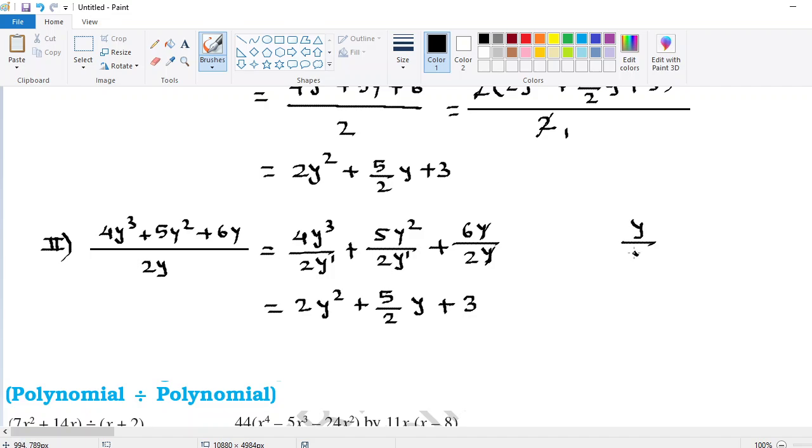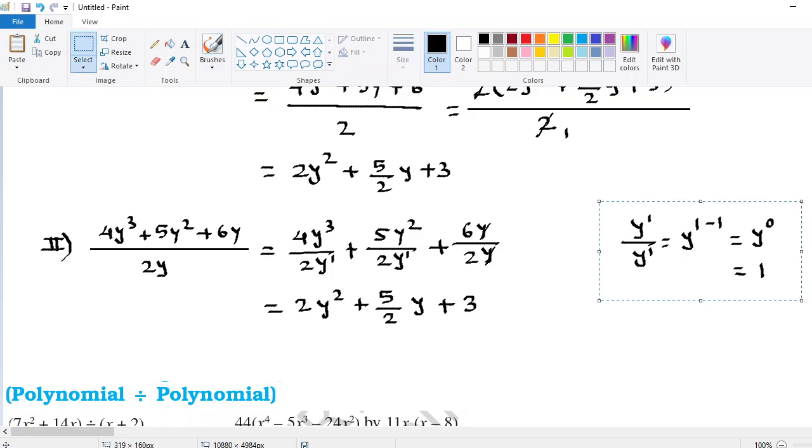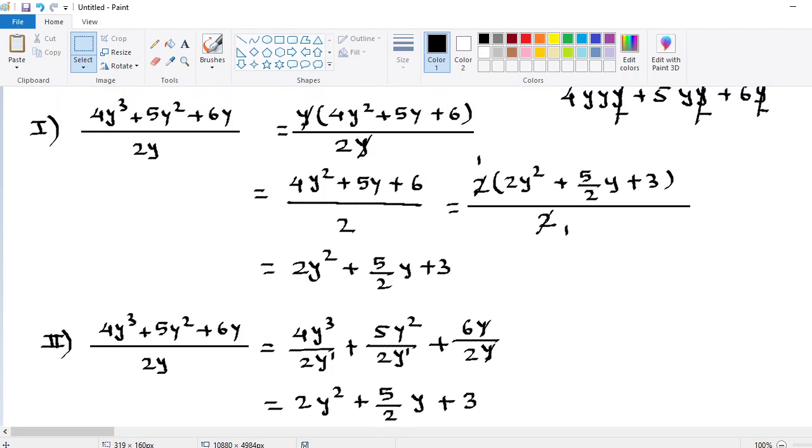Now when we have y upon y, both of these have their power as 1, and we write this as y raised to 1 minus 1, that is y raised to 0. Any number other than 0 raised to 0 is 1. So this division is 1, and 6 upon 2 is 3. Answer is same, but the method is different.